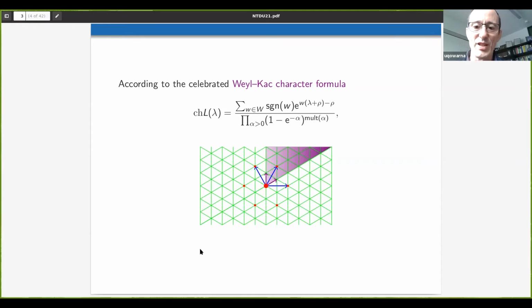So here you see a representation. In particular, these blue vectors are the positive roots of the root system. You see there's this cone here, and what the integrable highest weight representations say is that at every lattice point in the cone, there is a unique irreducible representation. In particular, the topmost dot in that cone is the highest weight of that representation.